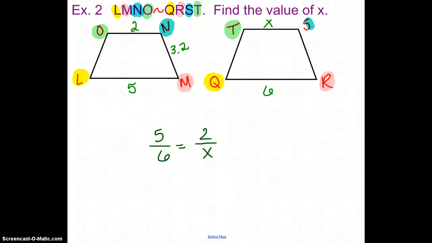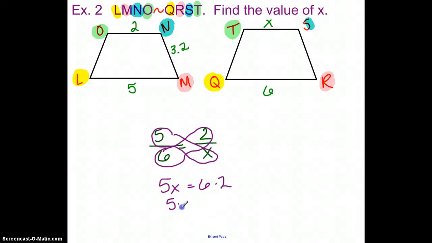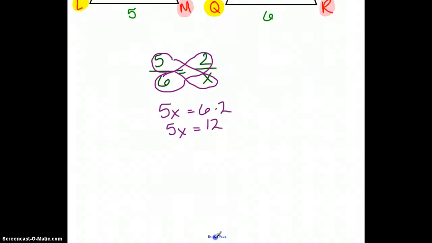And then we're going to go through exactly what we did in section 7.1. We are going to cross multiply and then solve. So 5x equals 6 times 2, which is 12. Divide both sides by 5.